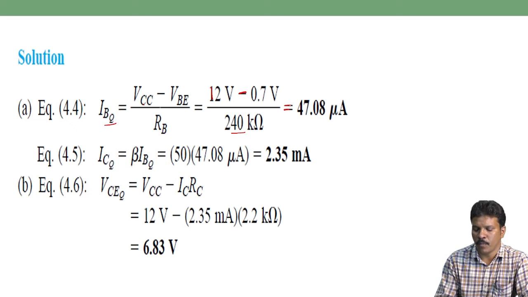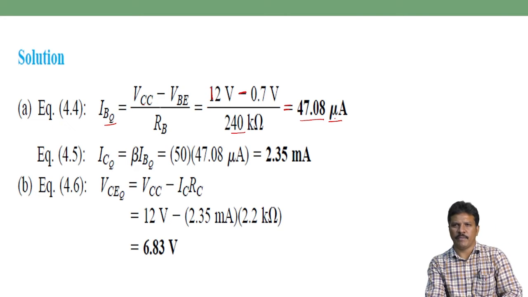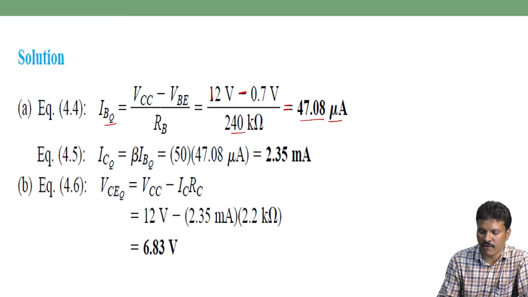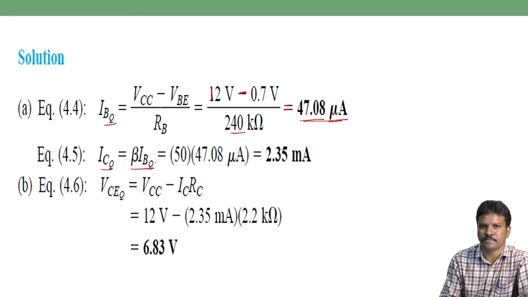So 11.3 divided by 240 into 10 to the power of minus 3, so we'll get 47.08 microampere.